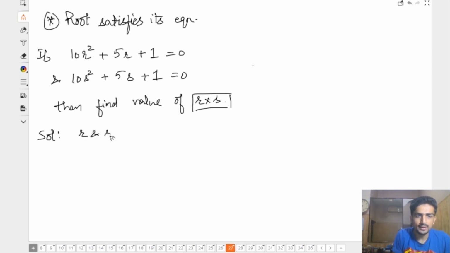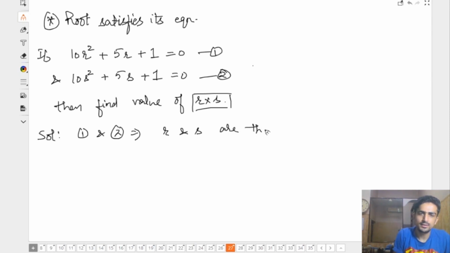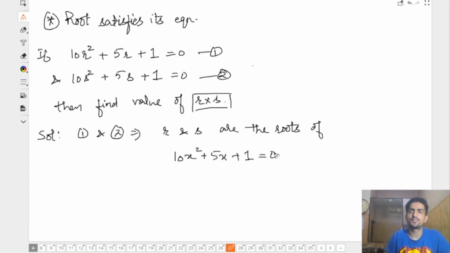Equations 1 and 2 imply r and s are the roots of 10x square plus 5x plus 1 equal to 0.